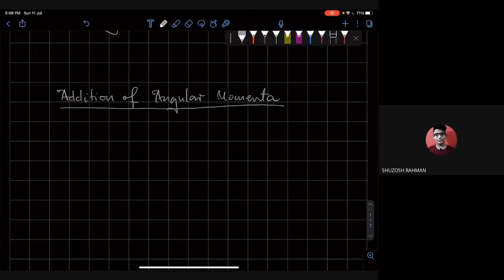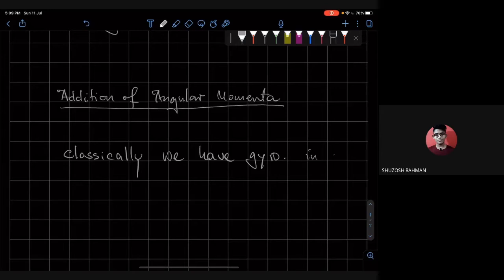Okay, so as usual, let's start with a small discussion about the classical case. So suppose that classically we have two gyroscopes, meaning that they have some well-defined angular momenta, in, say, a box. So the box is going to have a total angular momentum, right?